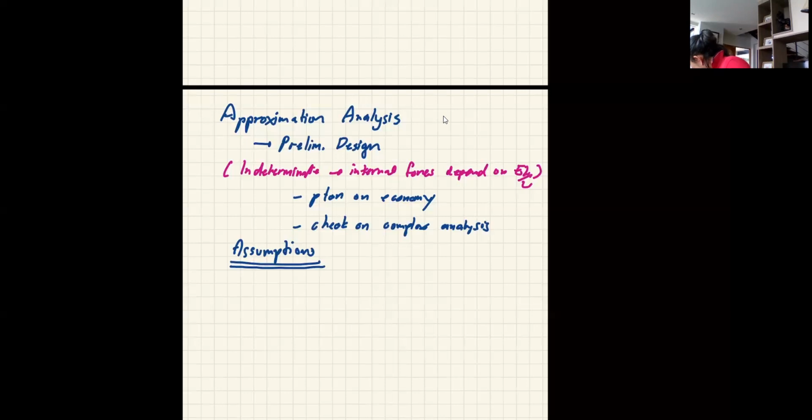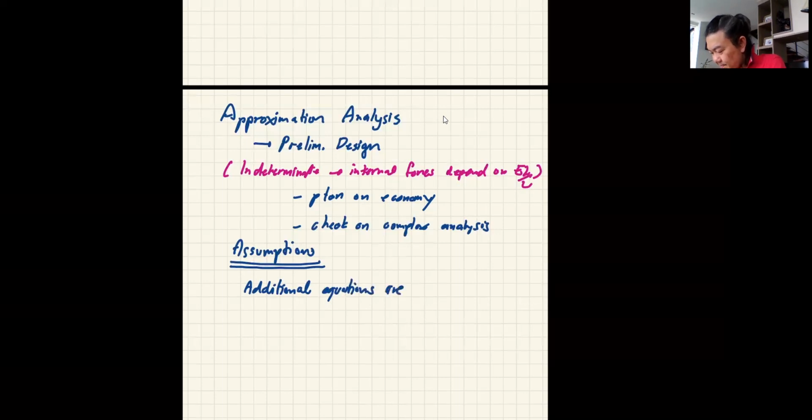Okay. So additional equations are needed to eliminate redundants.